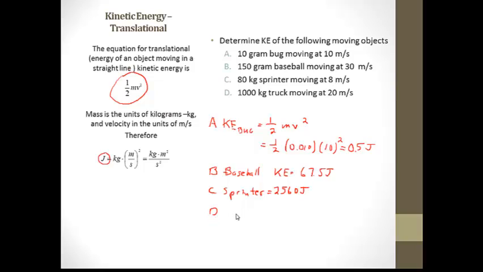And the final one, the truck, KE is 200,000. So you can get a feel of basic energy levels based on the size of the object. But like I said, the velocity is a bigger component of the formula because it's squared.